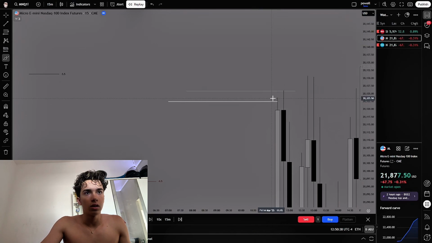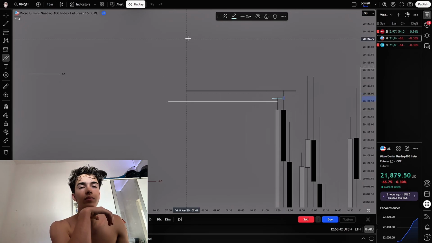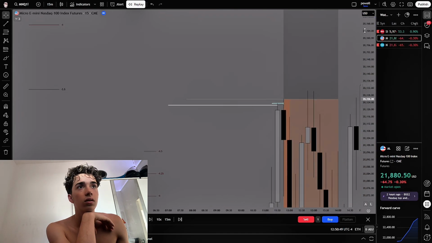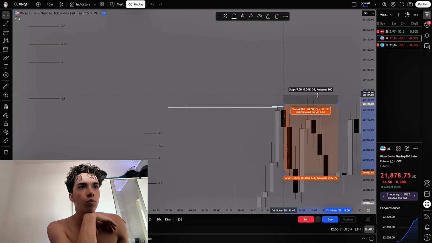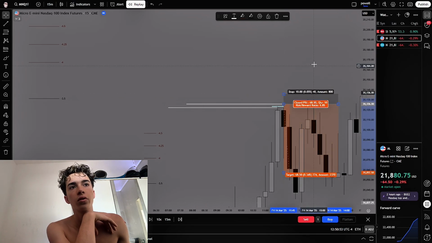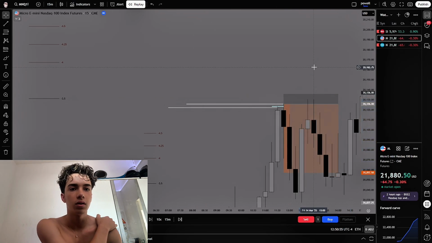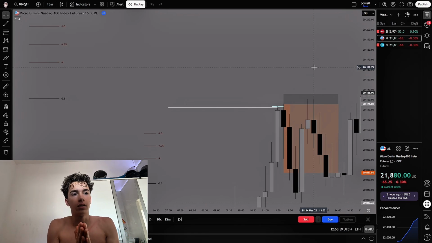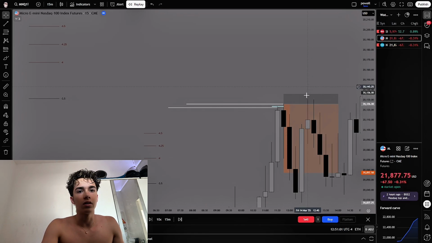That's our engineered liquidity that was swept here. We set the limit order on the next level that was there, and our stop loss is always either 10-point or 5-point, depending on how many confluences we have aligned in that specific level.